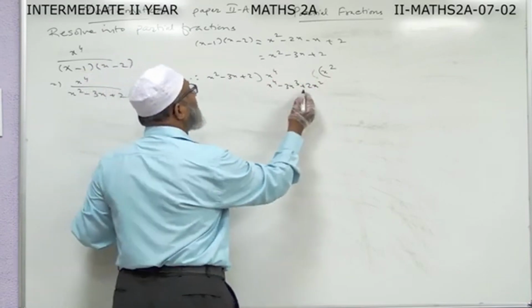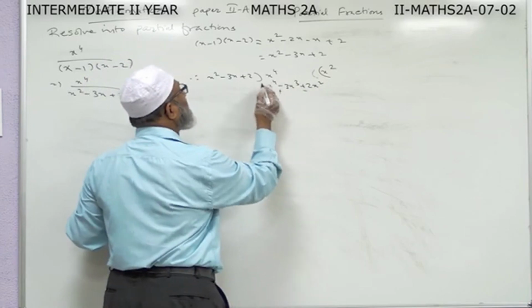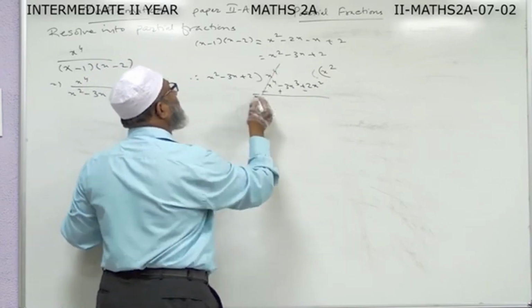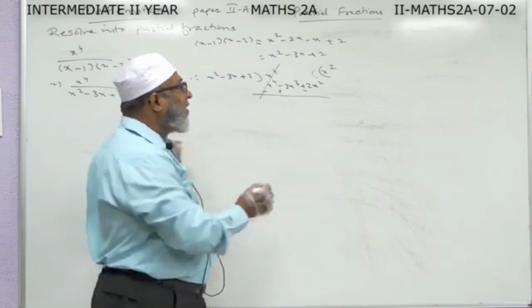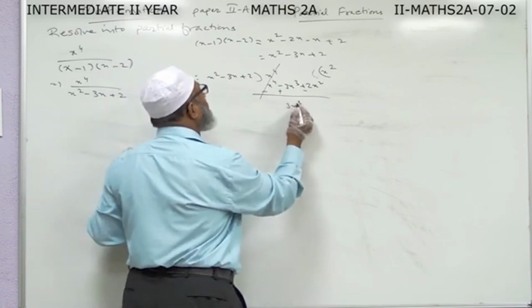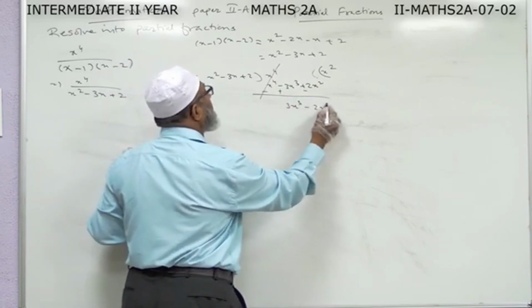Is it clear? Now I am changing the sign, plus becomes minus, minus becomes plus, plus becomes minus. So this part will be cancelled.